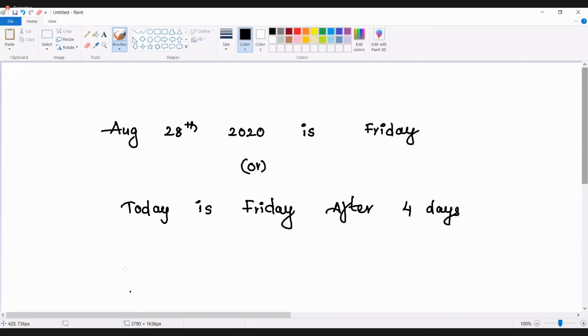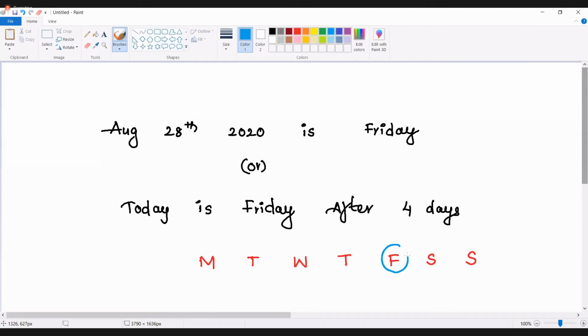I can count it easily, but to make it a little easier, I am writing this day scale: Monday, Tuesday, Wednesday, Thursday, Friday, Saturday and Sunday. These are the days we see in a week. Here we have a reference that today is Friday.